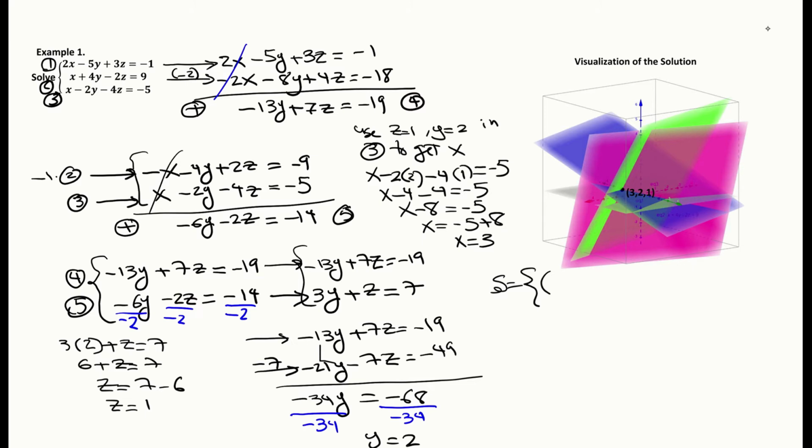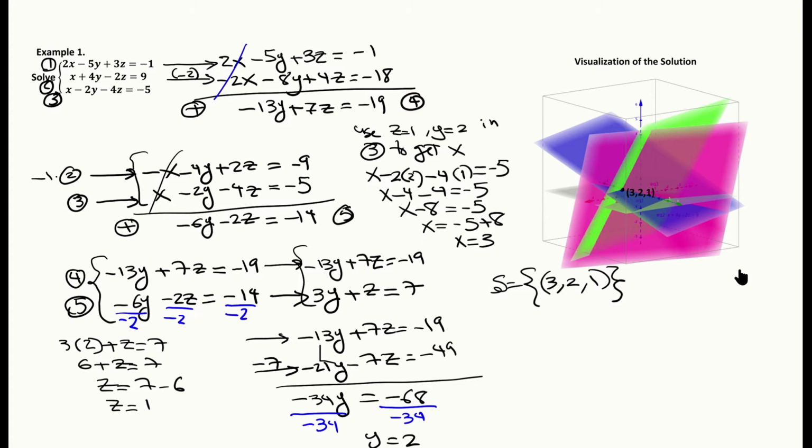And in the ordered triple, you always start with x, then you put y, and finally z. So you can see that the point of intersection that our graphing program had indicated is in fact the one that we found, 3, 2, 1.